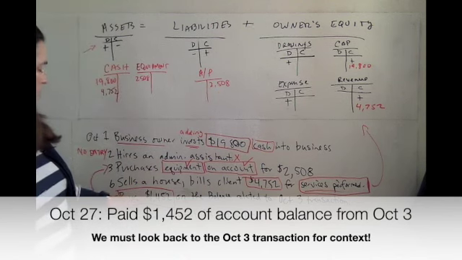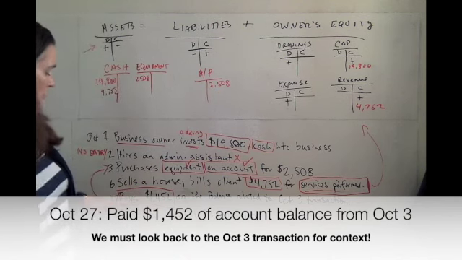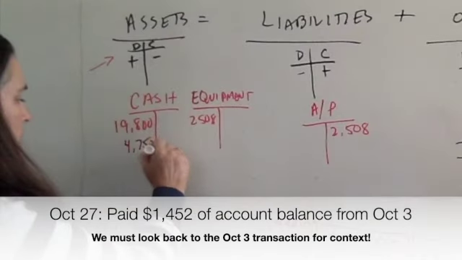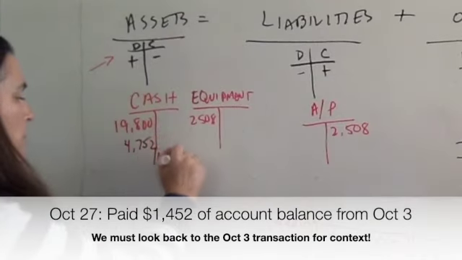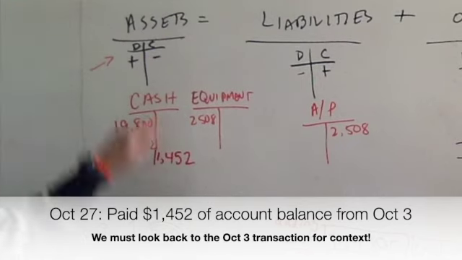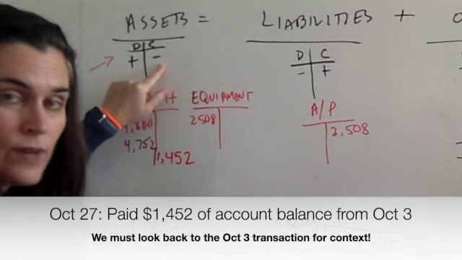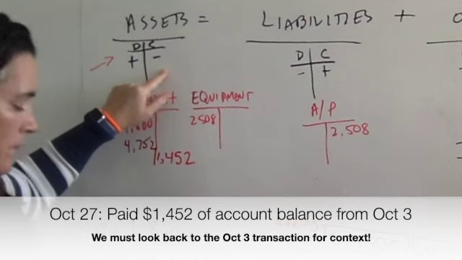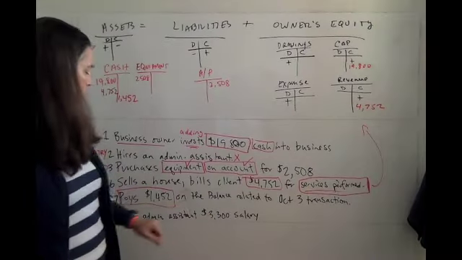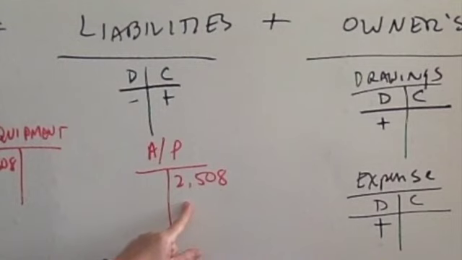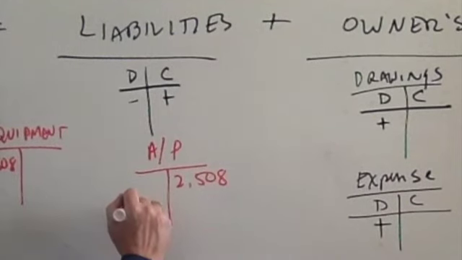So if he's paying for it with cash, and that's what we're interpreting this to be, cash will be credited by $1,452 because we show cash going down when we pay something, right, by crediting it. Now we need to think about the October 3rd transaction. Well, he's paying part of this off, which means our liability is going down as well by $1,452. Okay?